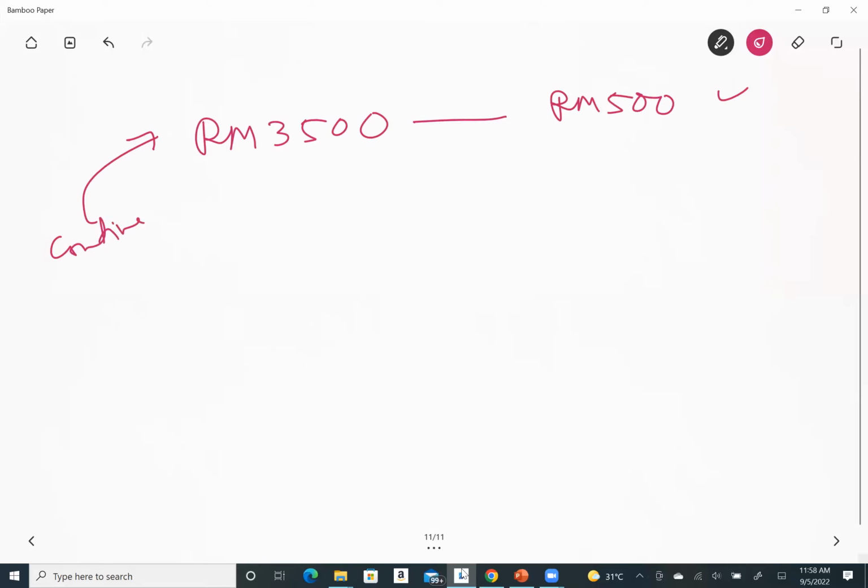If I work harder, I get my income RM 4,000. Okay, then I don't get this one. So here you get 3,500 equal to 4,000. Subsidy 500. Here you got 4,000, no subsidy. So that is a certain type of incentive, change of behavior in order to continue to receive the subsidy.